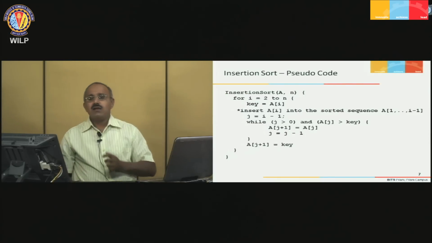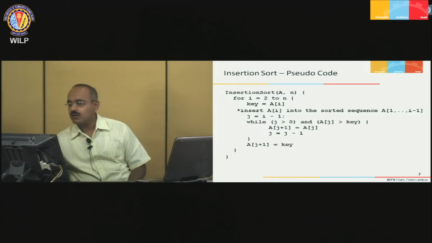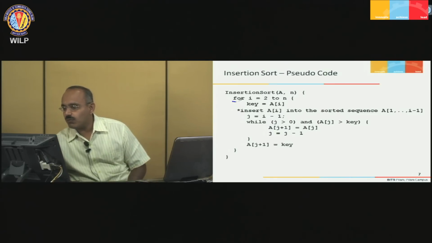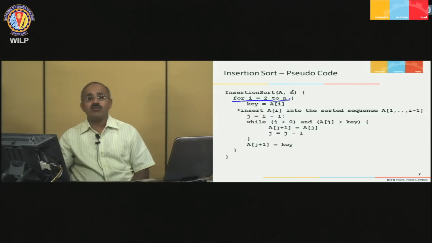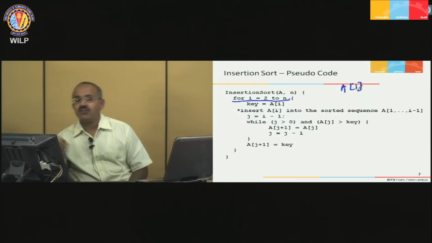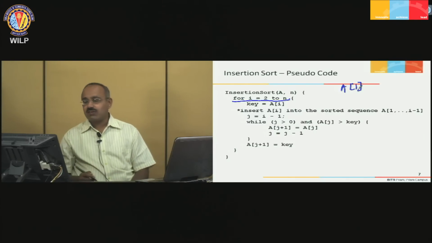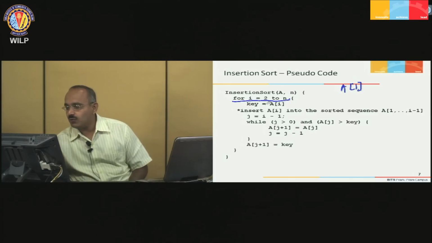This is the pseudocode notation for the insertion sort algorithm. Your loop is starting from i equal to 2. This is because you already have A1 in your hand, which is in its correct position. So, you pick up the next element, which is i equal to 2, and assign it to the variable key.